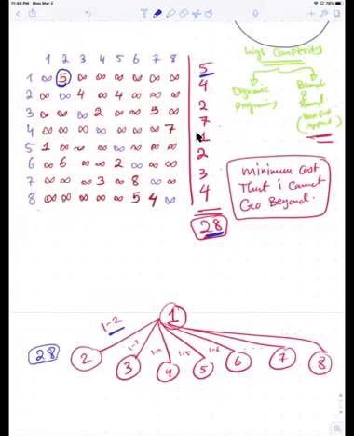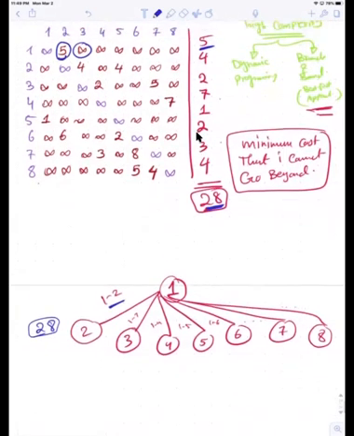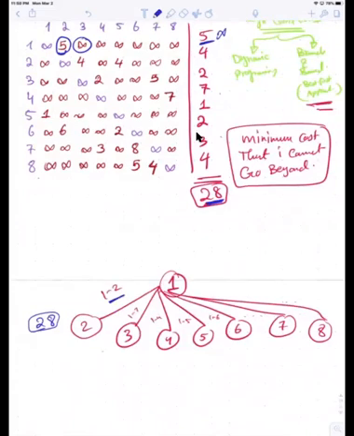Now from 1 to 3 is infinity. Since 1 to 3 is infinity, replacing this 5 by infinity will give me an infinity cost. That means that the cost here will be infinity.